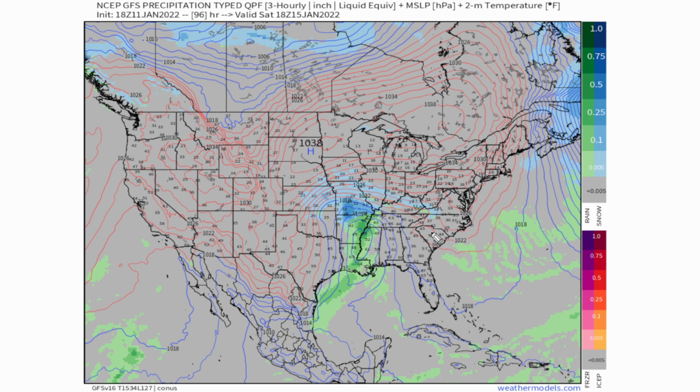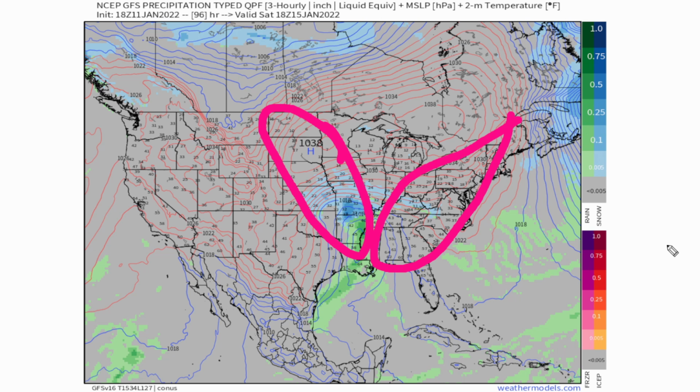It's going to bring quite a bit of snowfall here in this type of area. Over here is also going to see a very decent amount of snowfall. And then once you get into the northeast, you're going to see a lot of snowfall there. Again, this area is not going to see a bunch of snowfall, potentially a foot of snowfall in some spots, but mostly this area is going to be the main area impacted, which is pretty much the whole East Coast here.